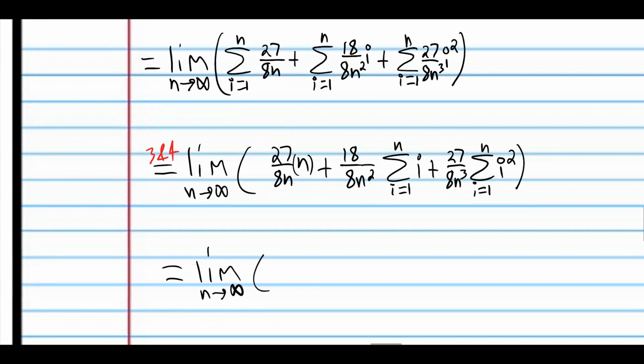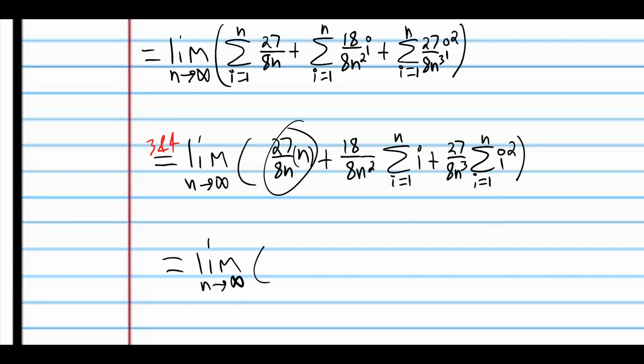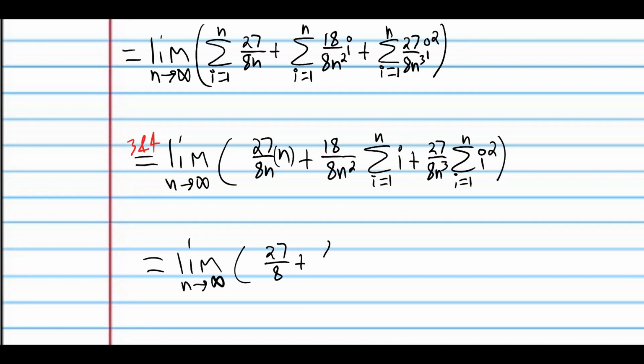So now the n's are going to cancel out, we have 27 over 8. Here we can reduce to 9 over 4 n squared. And this here, that's equal to that special formula, remember? n times n plus 1 over 2.